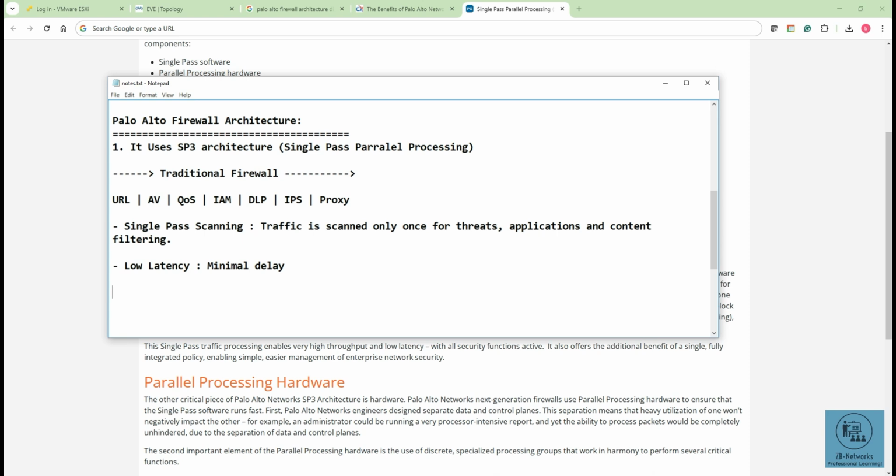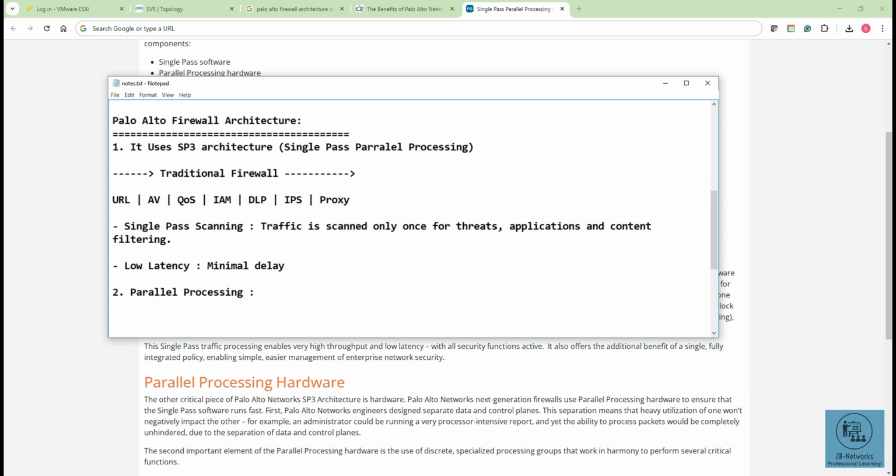The number two important point is parallel processing. It defines that the firewall processing power is divided across specialized components, allowing multiple security tasks to run at the same point of time.